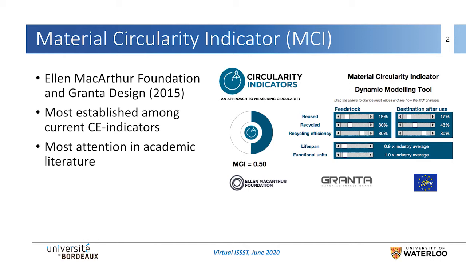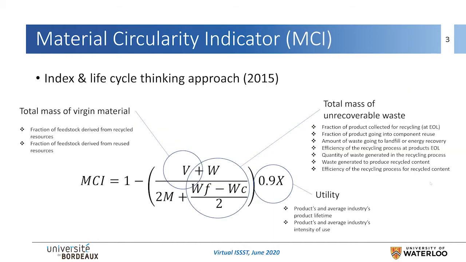Due to its early conception, but also because of its comprehensiveness, it's perhaps the most established of all the circular economy indicators, and as such has received quite a bit of traction even in academic literature.